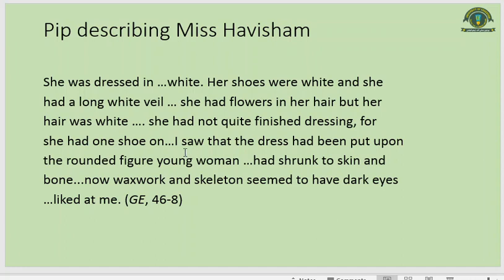Then we see the dress had been put upon a rounded figure, a young woman who had shrunk to skin and bone. So here we see that she has signs of old age on her skin, and now she is like a skeleton. From this statement we are in a fix whether she is in a happy mood or a sorrowful mood.